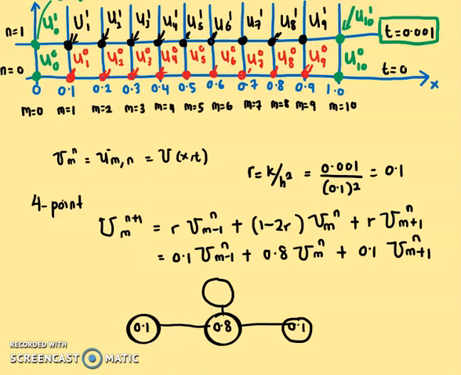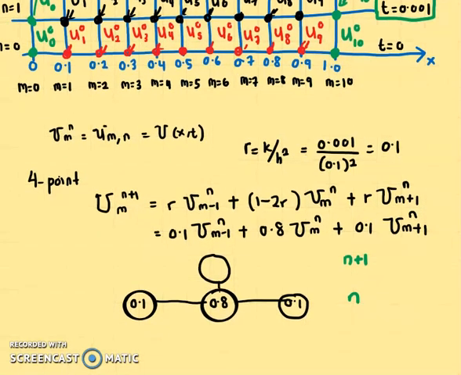This is for n, and this is for n plus 1. This is for m minus 1, m, and m plus 1. This is the value that we want to find, which is my u m n plus 1, by taking this combination.